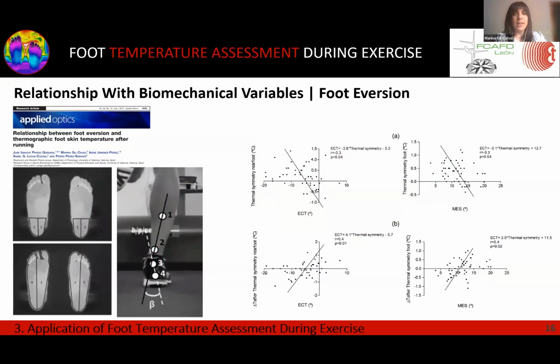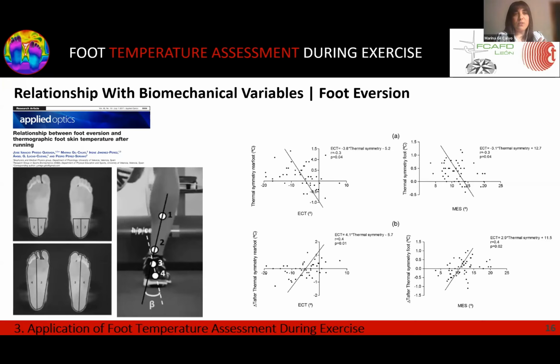Nevertheless, another line of research that we have explored with this technique is to try to relate biomechanical variables with foot temperature. In the example that we can see on the screen, we attempted to determine whether the ankle inversion and eversion could be reflected in plantar temperature.